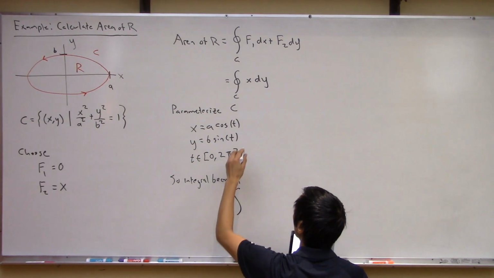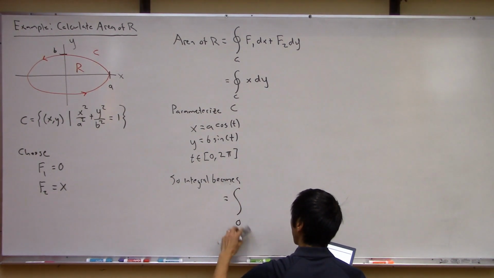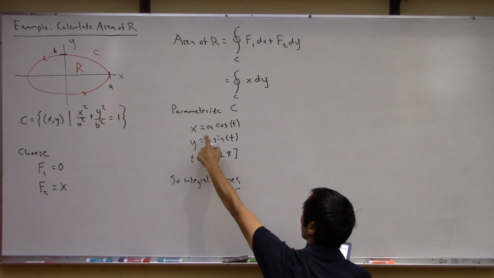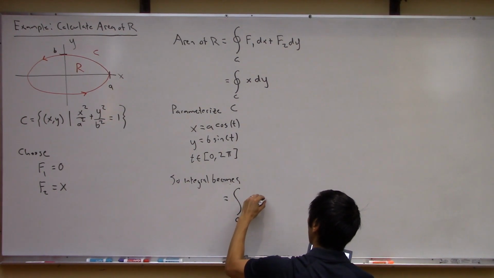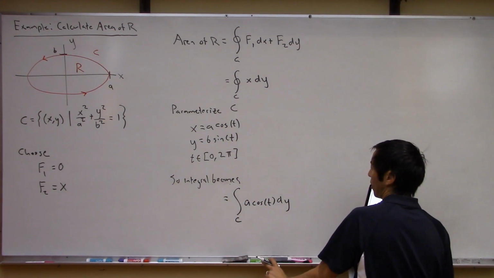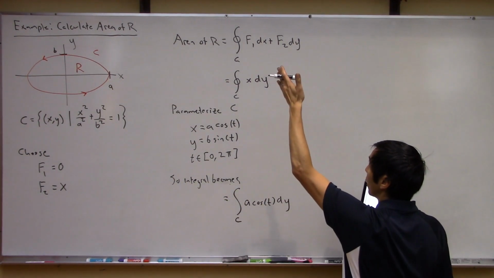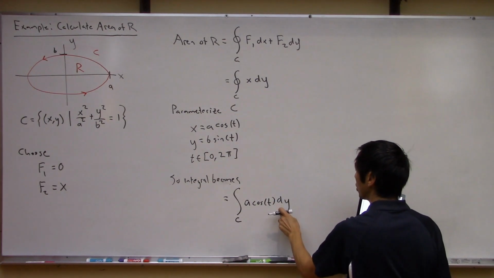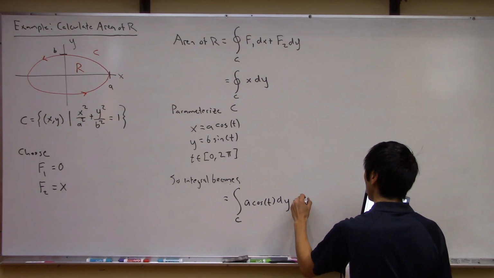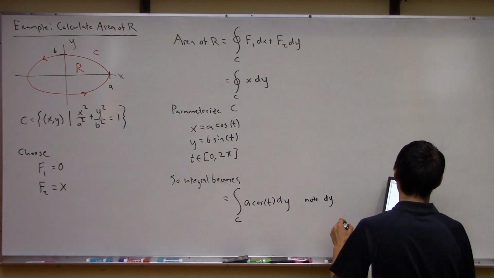So this is now, the curve goes now from 0 to 2, no, actually, let's leave it as C for now, right? Let's leave limits of integration C, and x is just a cosine of t dy, okay? Now, what we could have done is we could have gone back and done the whole normal line integral, but since this is so simple, let's just make a note here that dy, what is dy?